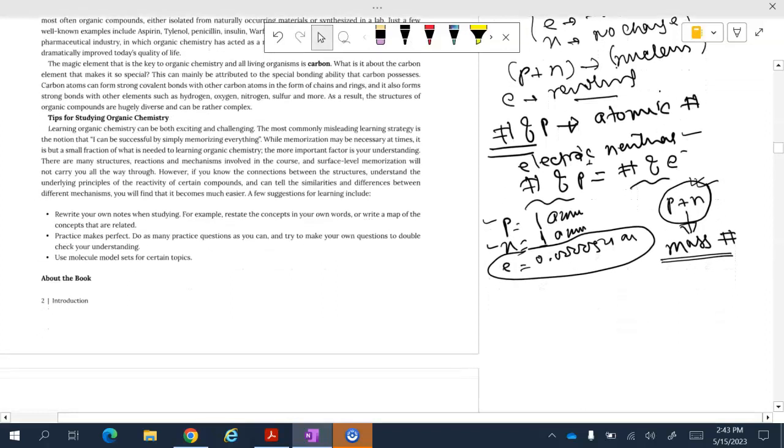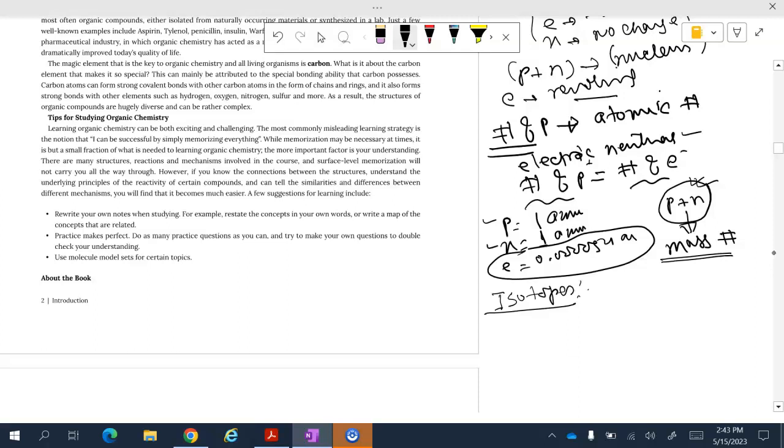And sometimes there is another term you need to be familiar with, which is isotopes. Atoms of the same element contain the same number of protons, so the atomic number will be exactly the same. That is what we call the identity of the element.